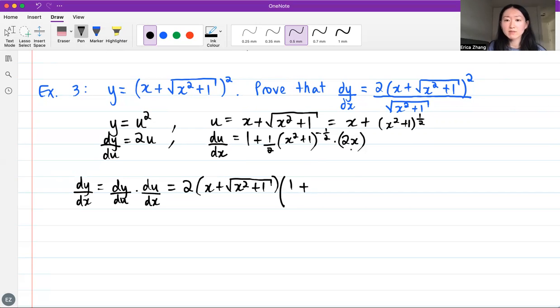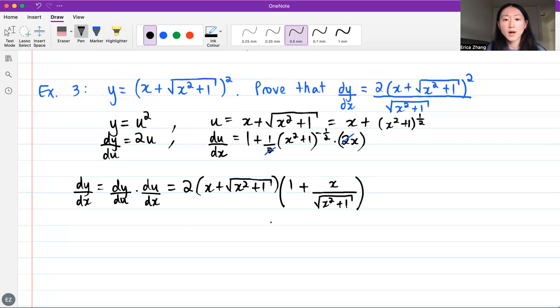So we notice that we have a 2 in the numerator and in the denominator. So they should cancel out, right? And then here we have a negative index, which we can put in the denominator. So the x stays on top.